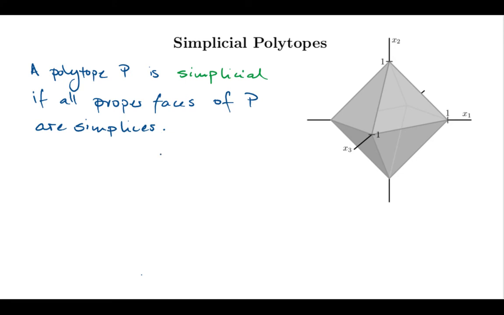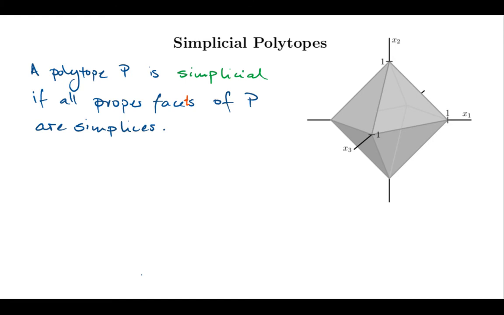So the faces come in different dimensions, and so what we're saying is they're all simplices of different dimensions. You might realize I can be cheaper in my definition and simply demand that all facets, these are the codimension 1 faces, are simplices, because once a facet is a simplex, all faces of that simplex are again going to be simplices, and so this is good enough for my definition.